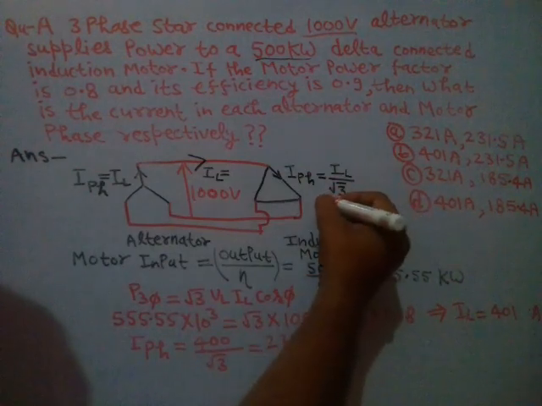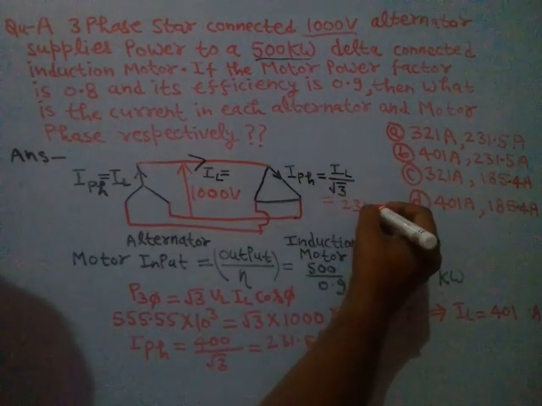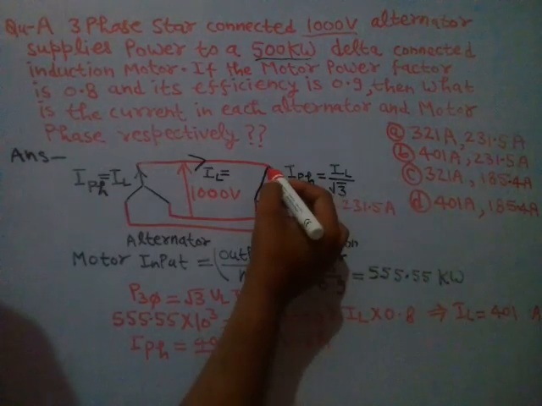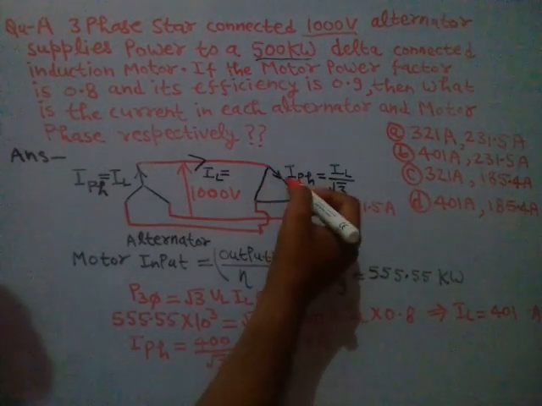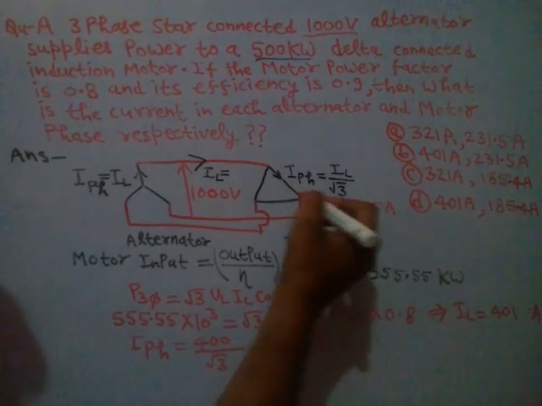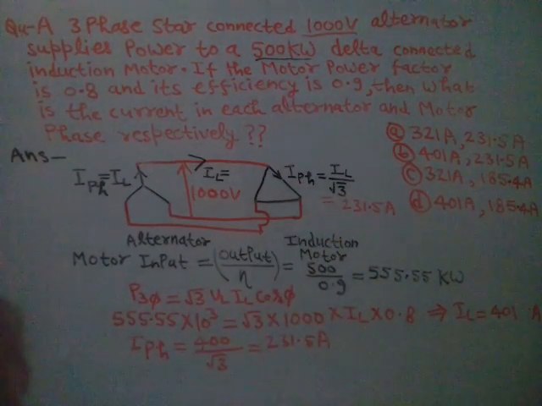So that is the phase current in the delta connected winding. In each phase of the induction motor the current is 231.5 ampere.